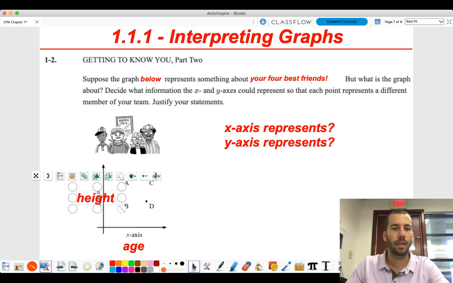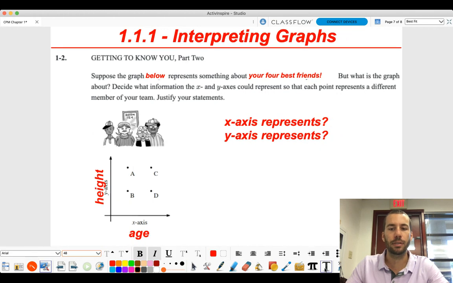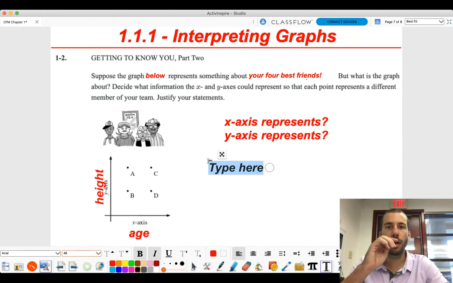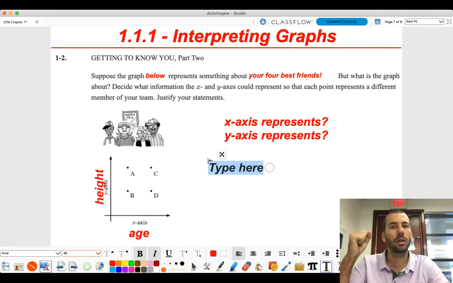Now that I've labeled those, I want to think about my friends and where they fit on this. So my 4 best friends are my wife, I know, it's cute, Kenny, and my friend Ross.